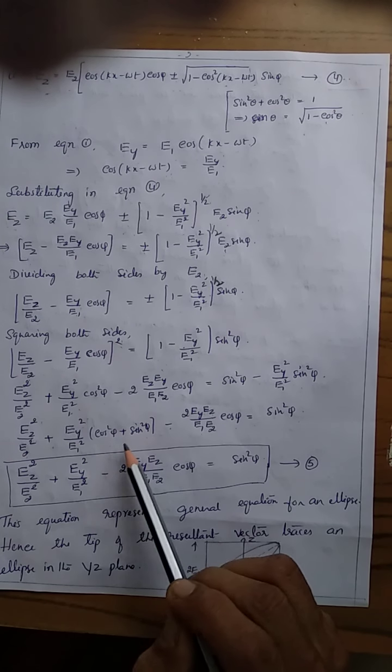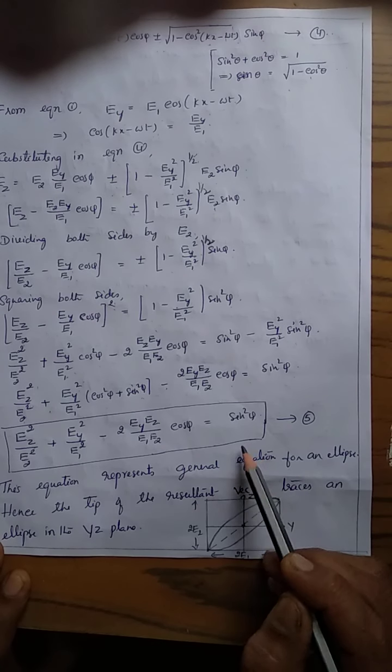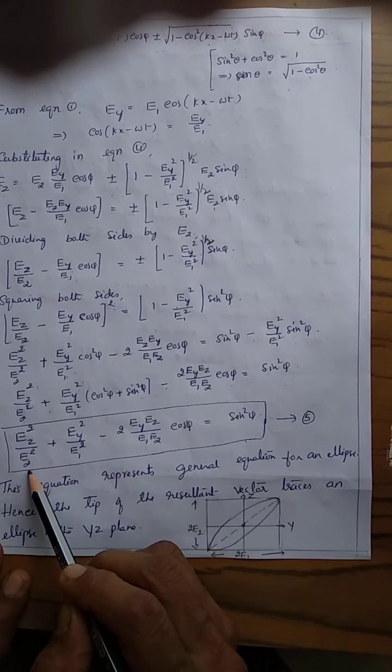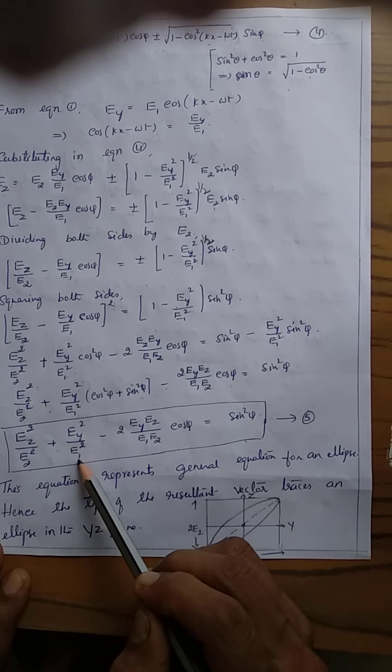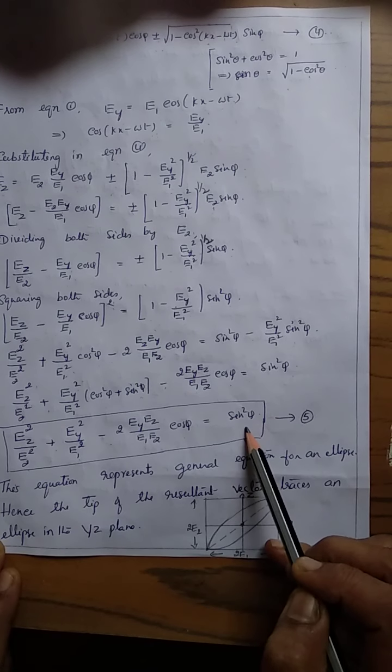What is cos square phi plus sin square phi? It is 1. So finally the expression is Ez square by E2 square plus Ey square by E1 square minus 2 Ey Ez by E1 E2 cos phi equal to sin square phi.